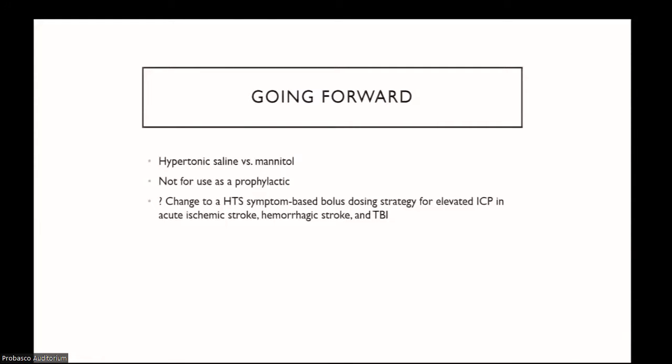And typically up to a sodium level of 155, but it can kind of be pushed up to 160 in patients that may not be responding. And I couldn't really find a timing protocol for the bolus dosing. It's more patient symptom-based bolus dose rather than a sodium target base.